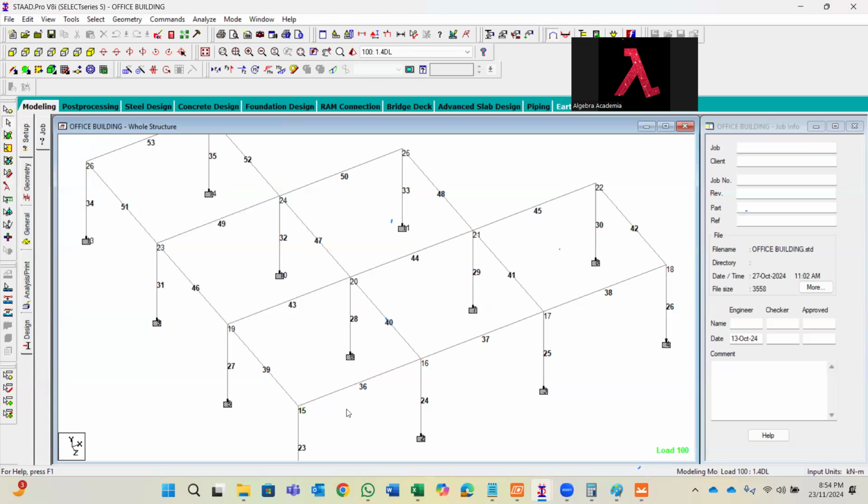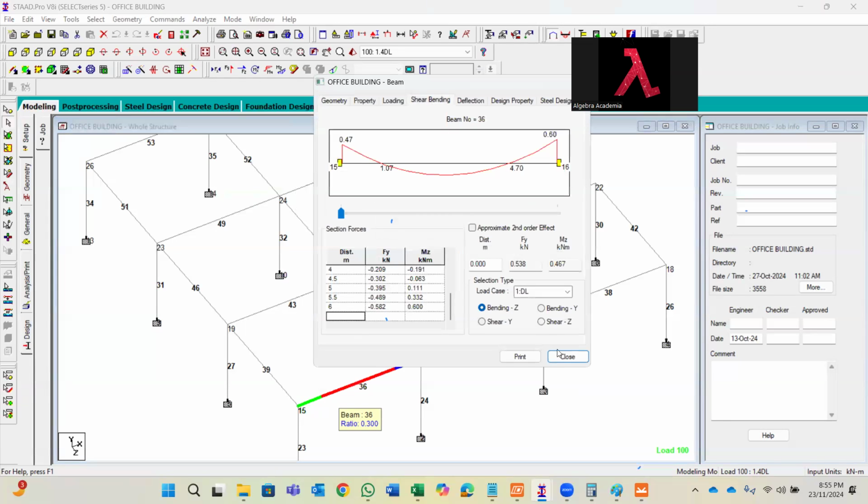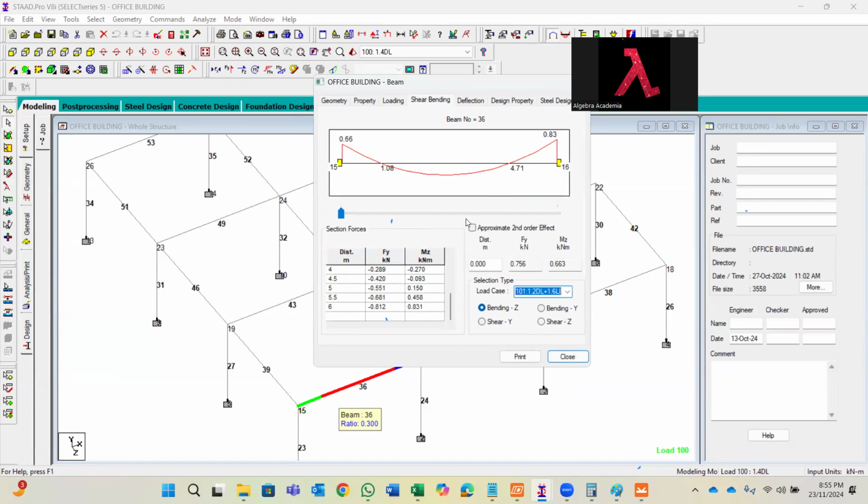Another thing is, in terms of structural design, where I can provide the splice connections. I'll double click again. Going back to the shear and bending, then bending Z. Let me go for the ultimate combinations. Which is 0.7, 2.13, 3.54.